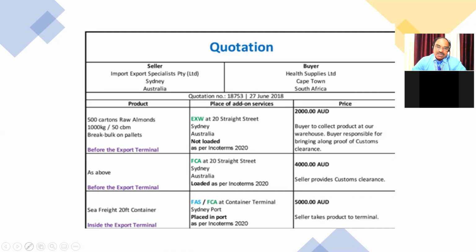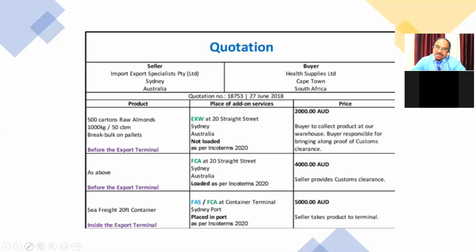First concept, she mentions EXW, Ex Works, at 20 Strait Street, Sydney, Australia. That means it is the place of India. India is now at Strait Street, Sydney in Australia, and she is mentioning Ex Works.